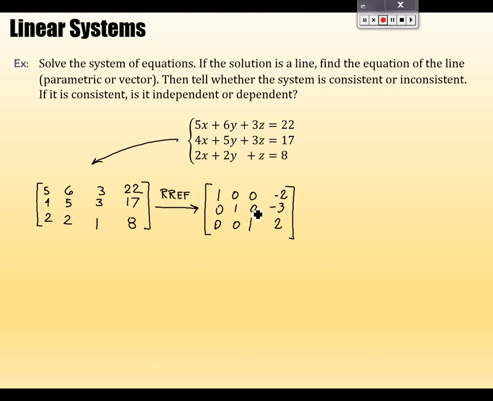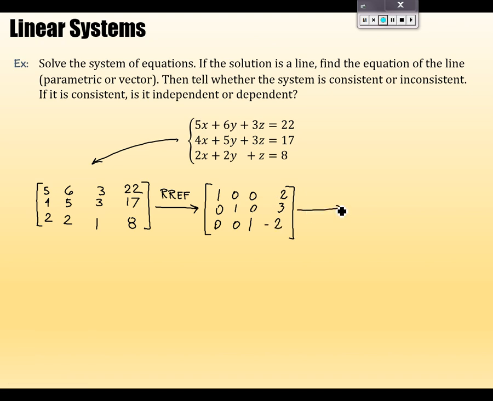Wait, do we have like a matrix unit? Did someone else get the sign switched? What'd you do? Oh yeah, you don't need to put negative 22 in here, just put 22 in. My bad. Alright, so yeah, the signs are switched, 2, 3, negative 2. That's why we check, that's why we're a community. Okay, here we go.